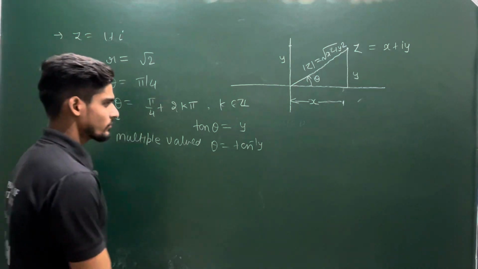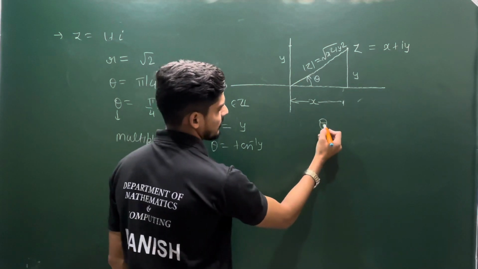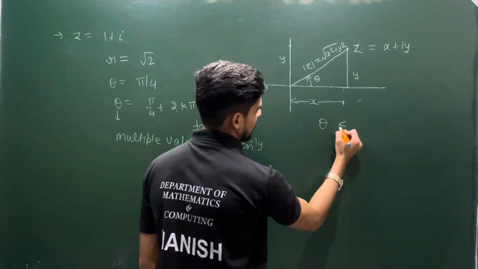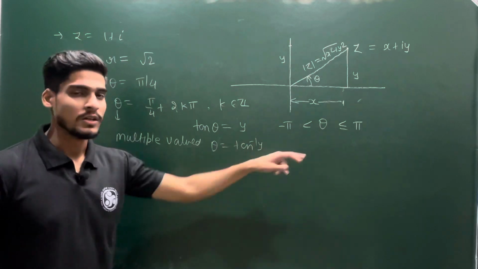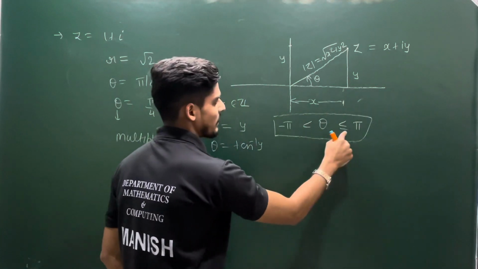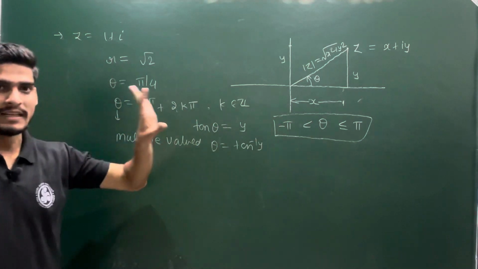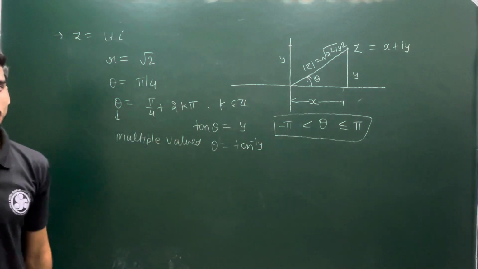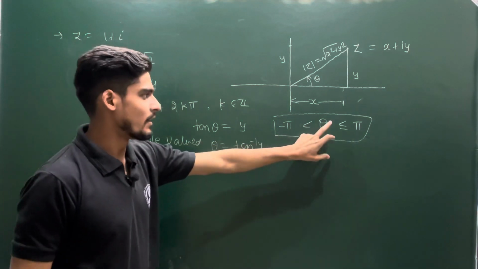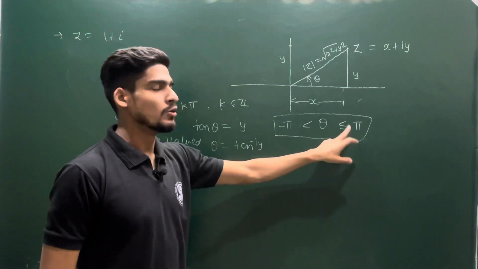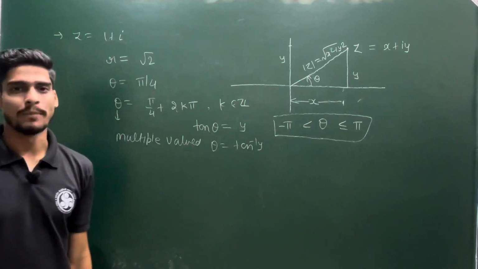So what I do, I define a new function. You see, I am just restricting this theta from minus pi to pi. This pi is included. You just observe this very carefully: theta is less than or equal to pi and bigger than minus pi. So I am just fixing my theta inside this. So in this domain, you will have a unique value. That is my claim, and you can easily verify. If I give you any value, you can always restrict your theta in between minus pi to pi, where at minus pi I am having a strict bound, and such type of theta is called the principal value of the argument.